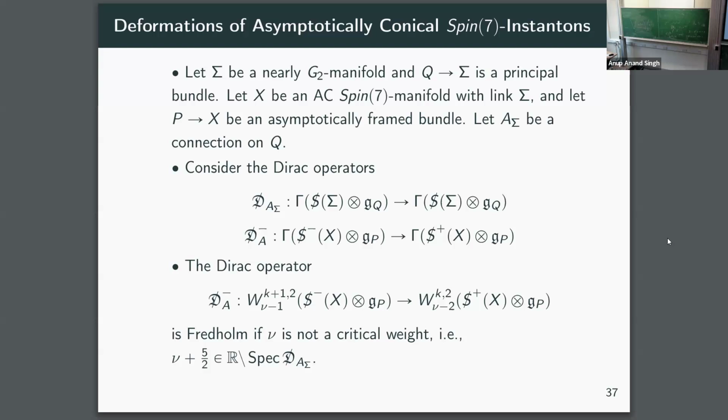I'm talking about the 8-dimensional Dirac operator: if this thing is an eigenvalue of the 7-dimensional Dirac operator, then the 8-dimensional Dirac operator will fail to be Fredholm.